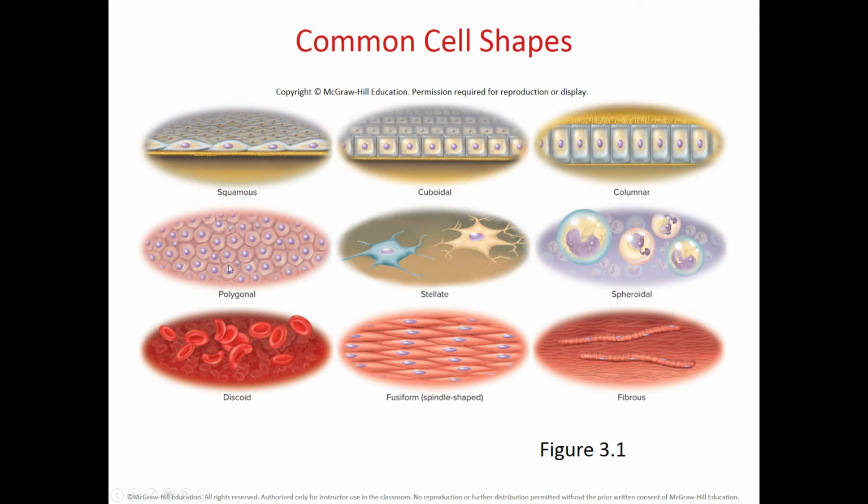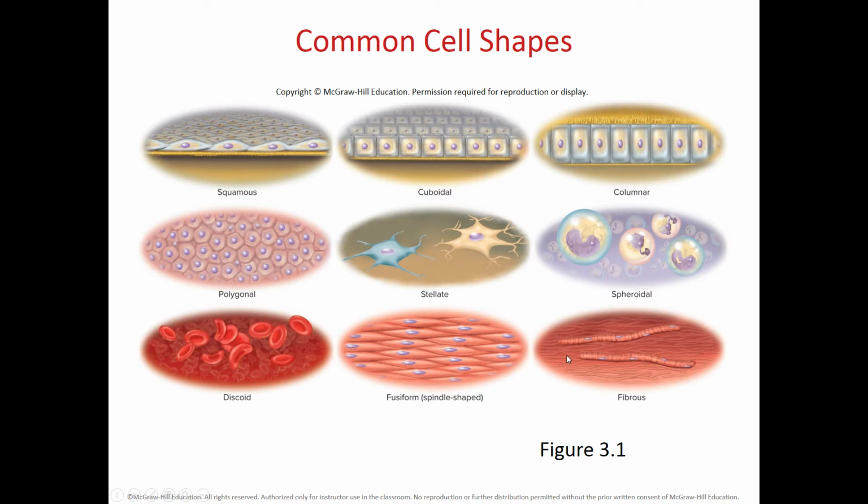The polygonal cells don't have a definite shape. Stellate cells look like a star. Spheroidal cells look like a sphere. Discoid cells look like a disc. Fusiform cells look like a spindle with a thick center and tapered ends, and fibrous cells look like a thread.